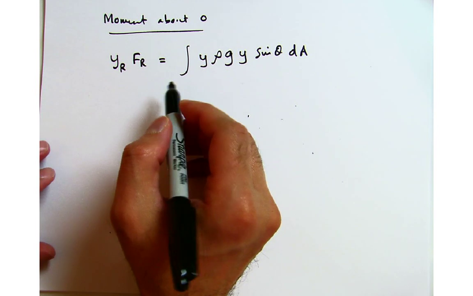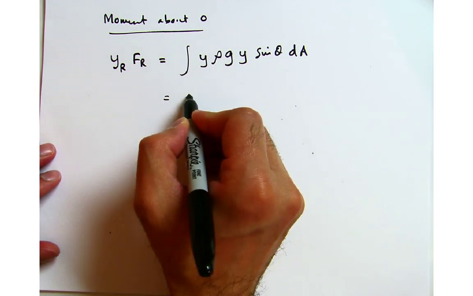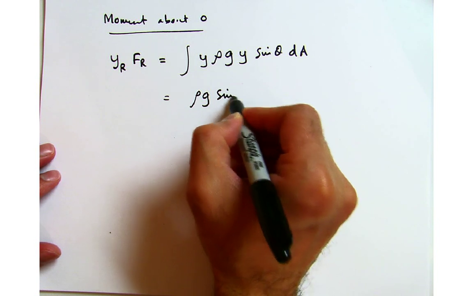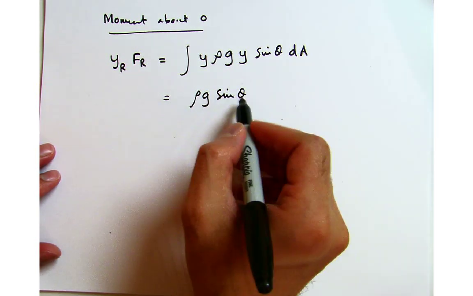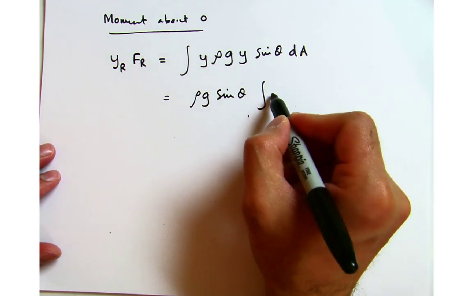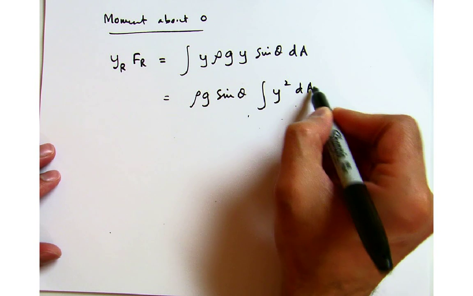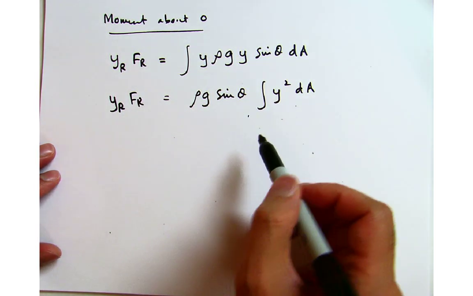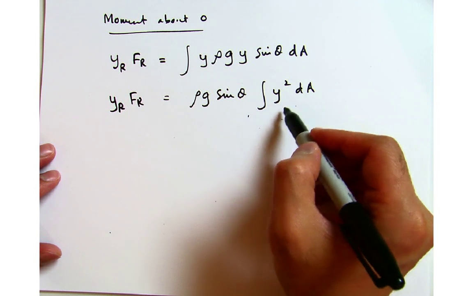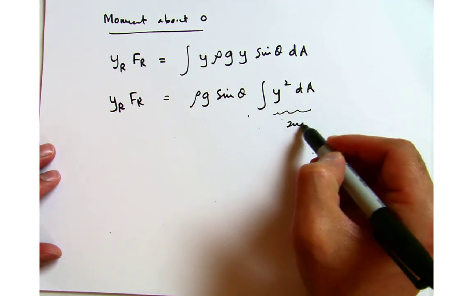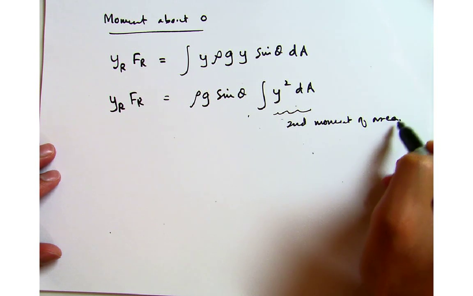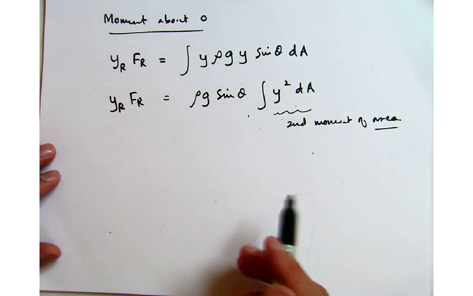So this quantity rho g sine theta comes out, because all of these are constant, and then we are left with y squared dA. This is y_R F_R, and as you will notice, this quantity is the second moment of area.